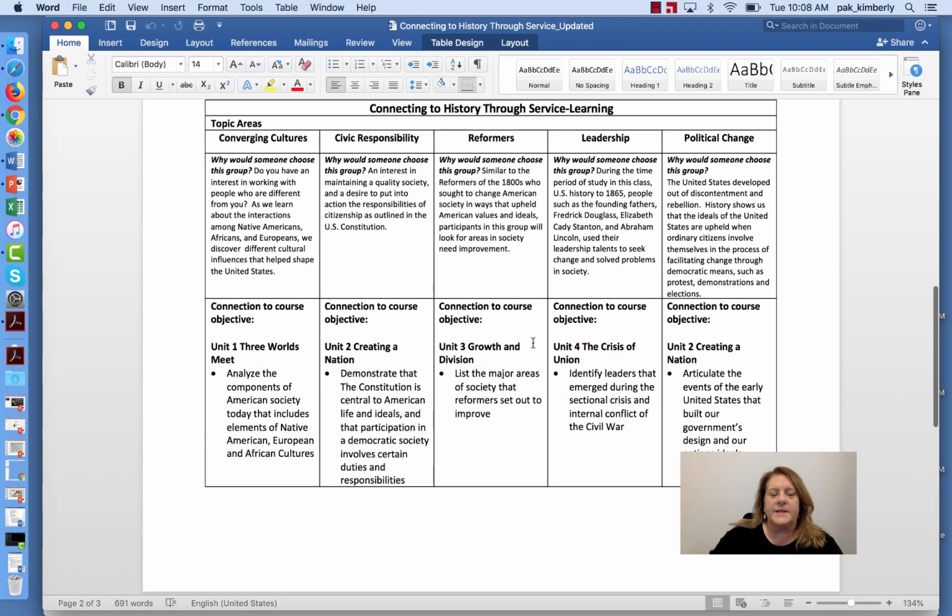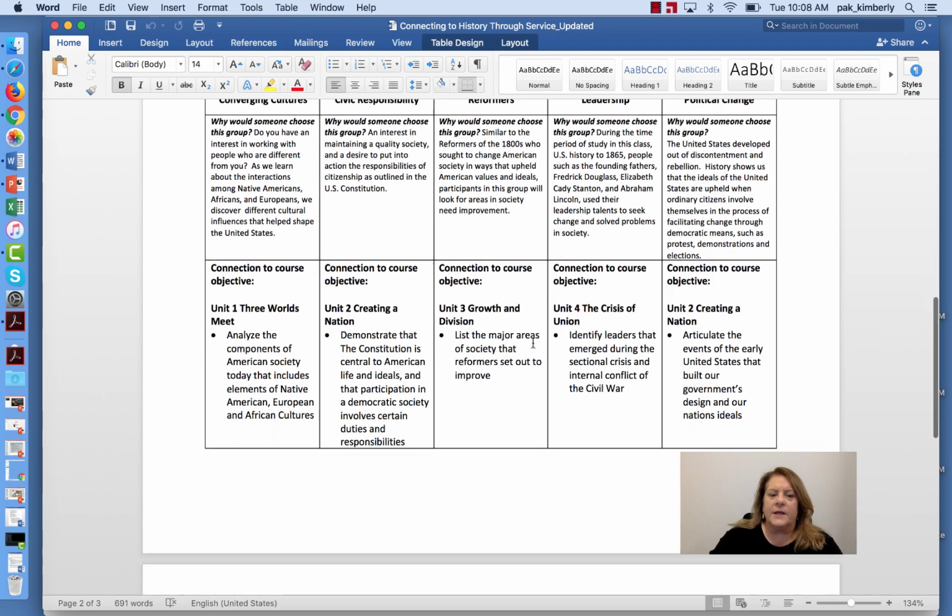The next group is civic responsibility. This is kind of the group that I chose to be kind of the catch-all. If you don't really see yourself fitting into any of the other groups, this might be the group that you decide you want to go with. This is just somebody who wants an interest in maintaining a quality society.